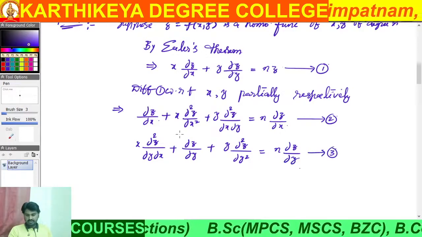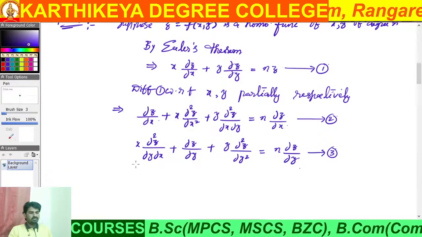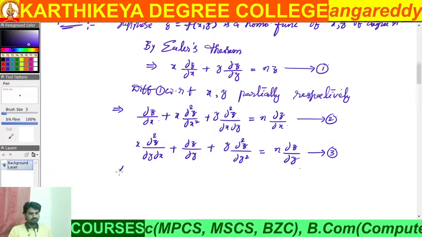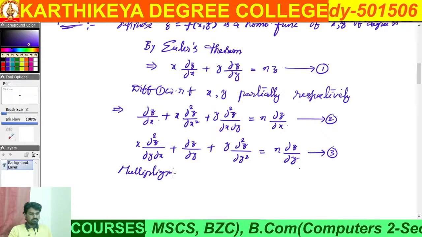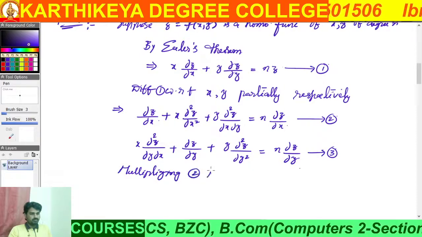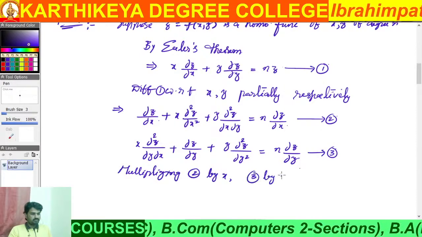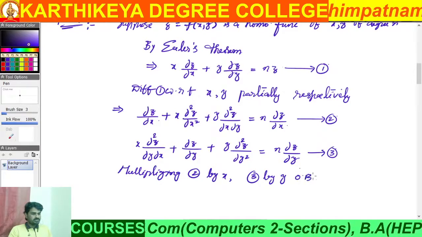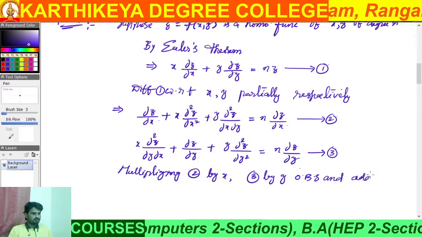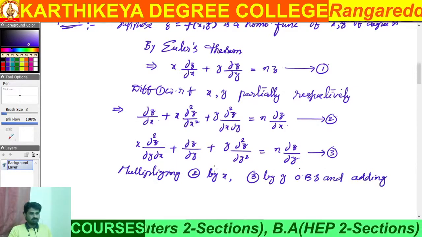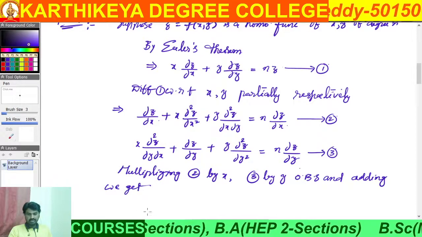So after that we multiply the second equation by x and the third by y on both sides and add them. Adding, we get directly this answer.